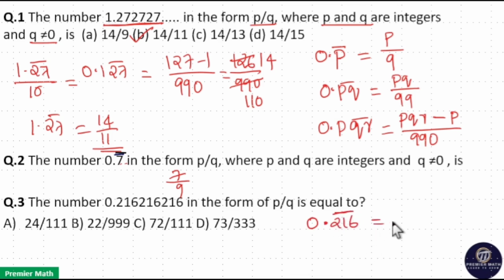Three numbers are repeating, which is equal to 216 divided by three 9s in the denominator. Now 9 goes 111 times in 999 and 9 goes 2 times in 21, remaining 3. 9 goes 4 times in 36. So 24 by 111. Option A is your answer.